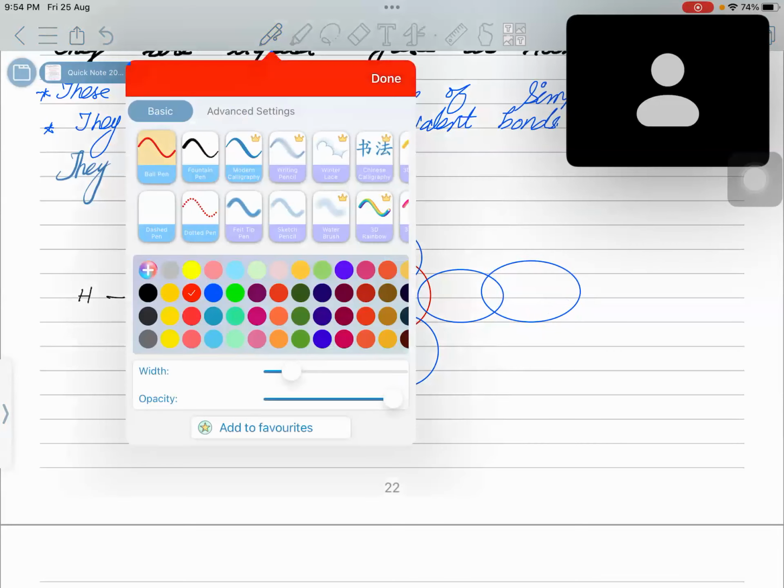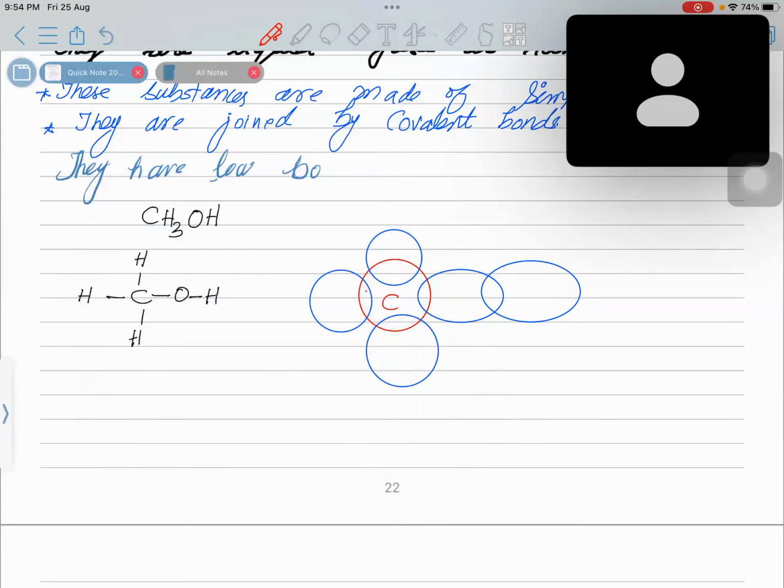So this is carbon. And second one is hydrogen. And the last one is oxygen.